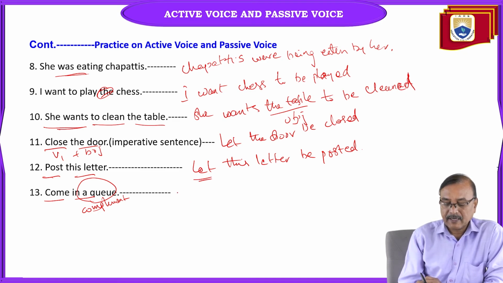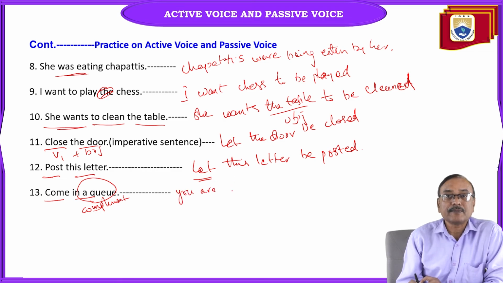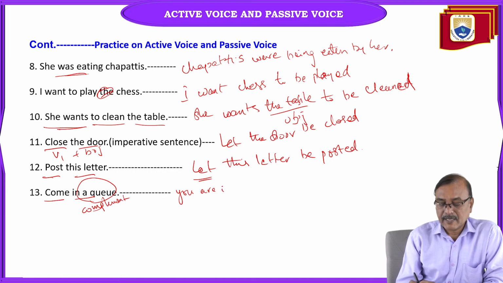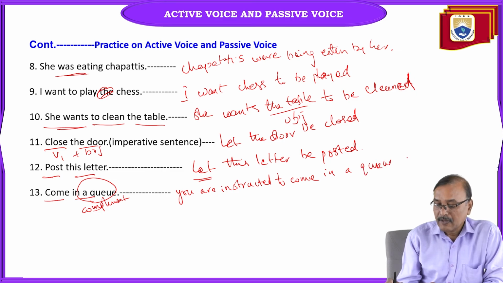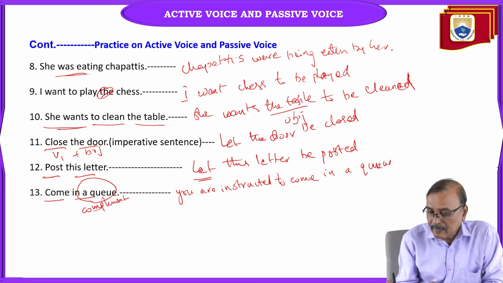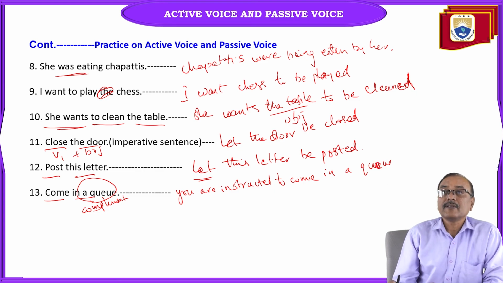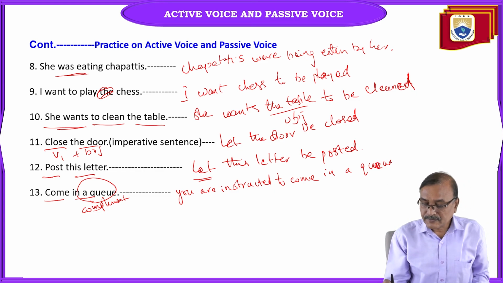Here you use: you are instructed to, advised to, suggested to. You are instructed to come in a queue. Q-U-E-U-E. You are instructed to come in a queue.